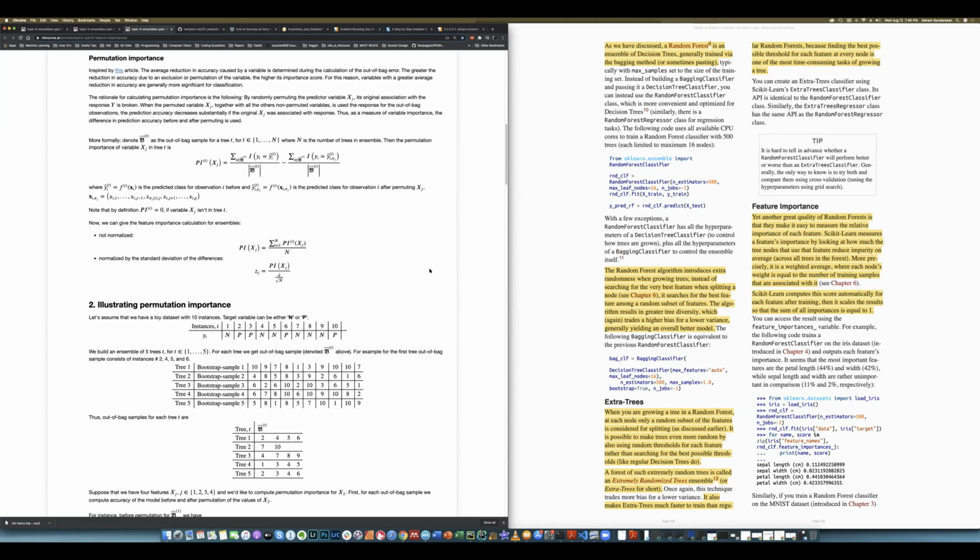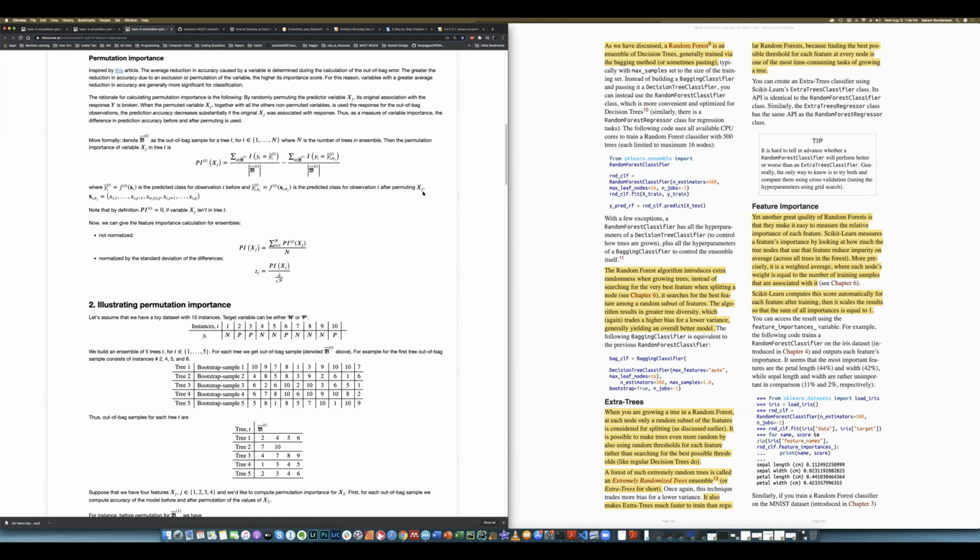If it has only a little effect on the accuracy, then you can conclude that that feature was unimportant to the model. And if it has a large effect, so that the accuracy goes way down when you scramble up one of the features, then you conclude that that feature is very important to the model.